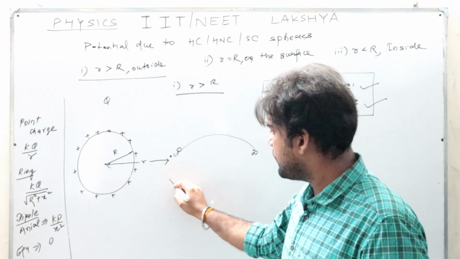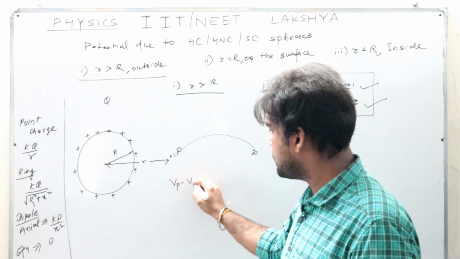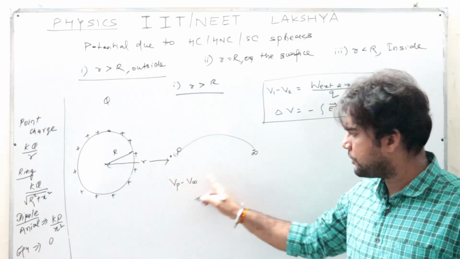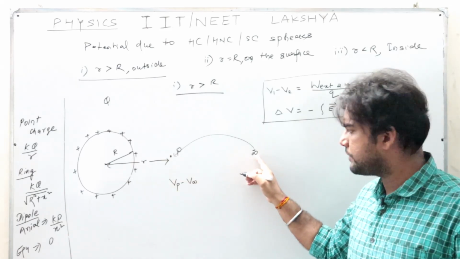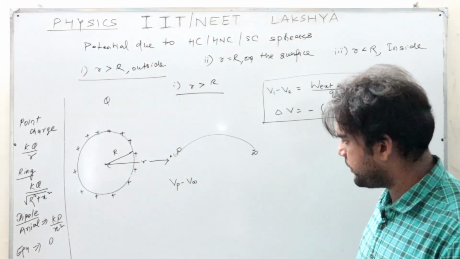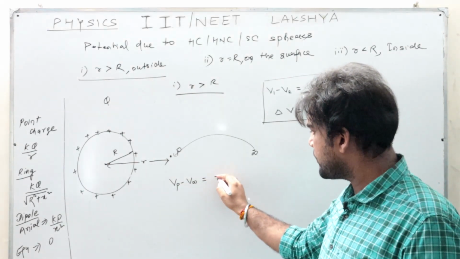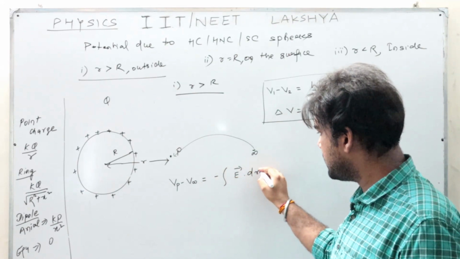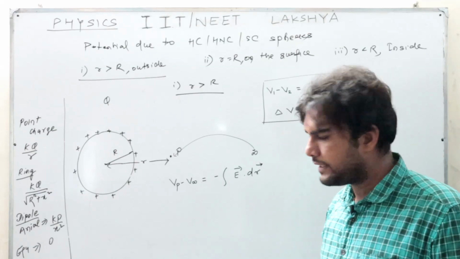So we know Vp minus V infinity. Why? Because this is the initial potential, initially the small charge q is kept at infinity, and this is the final point. So I am writing Vp minus V infinity is equal to minus integral E dot dr.